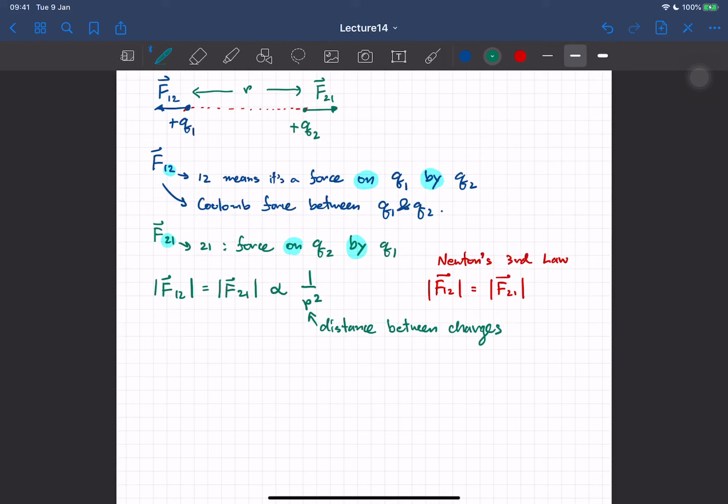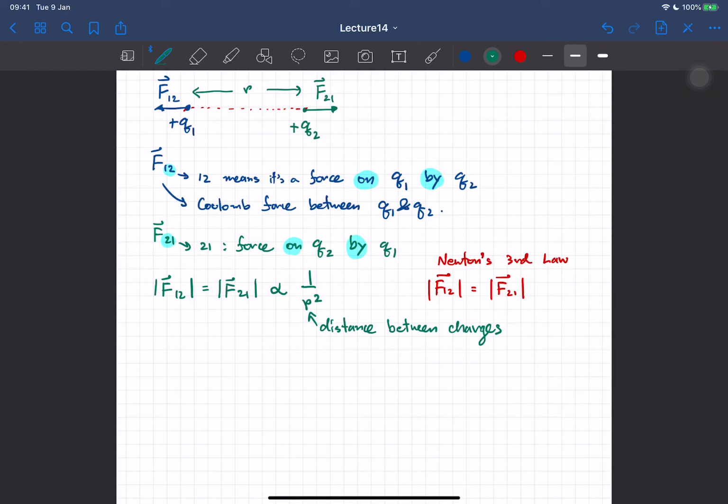And it's 1 over r squared. So if you double the distance between the charges, then the force will be weaker by 4 times. If you triple the distance, the force will be weaker by 9 times. Okay, so this is 1 over r squared.